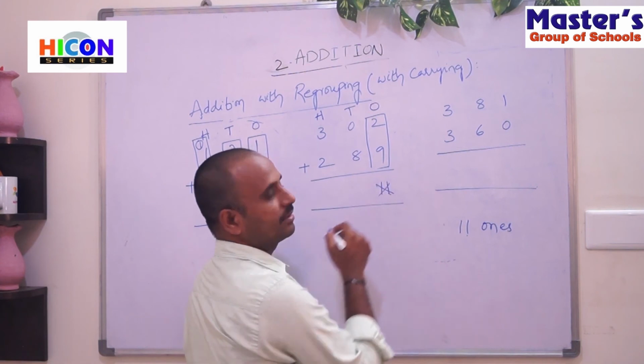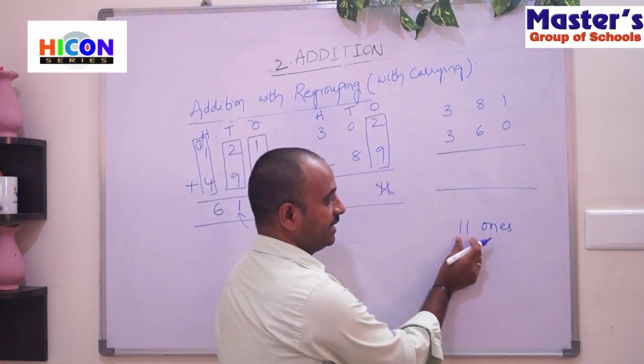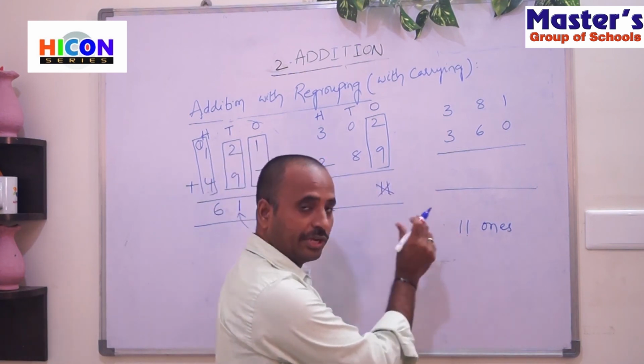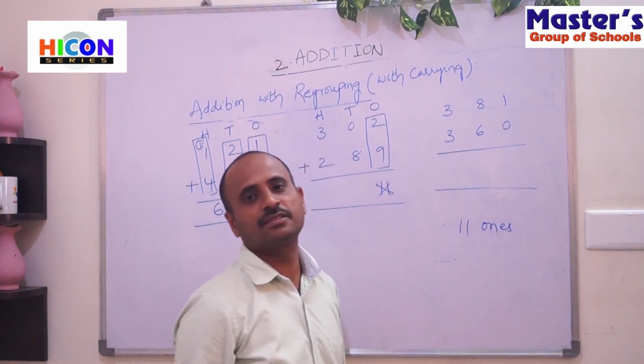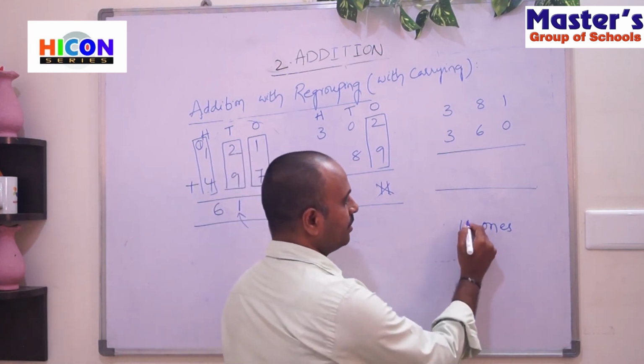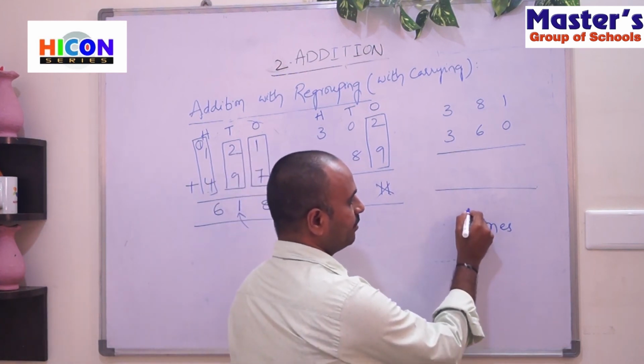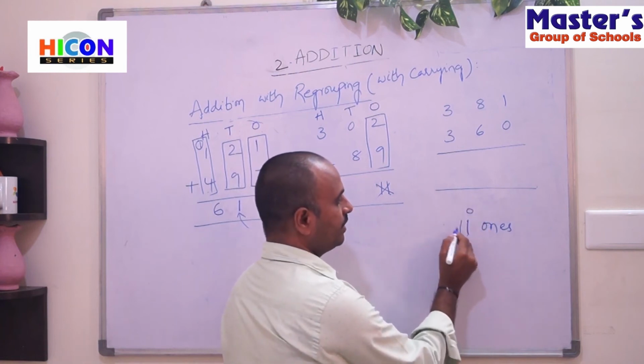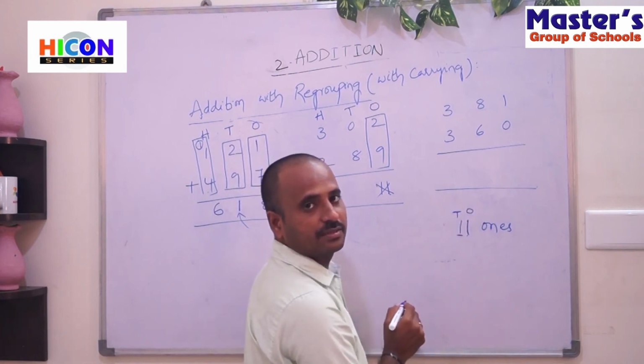This is the wrong one. Because it is 11 ones, we have to regroup this into tens and ones. That means here, 1 is present in the ones place and the other 1 is present in the tens place.